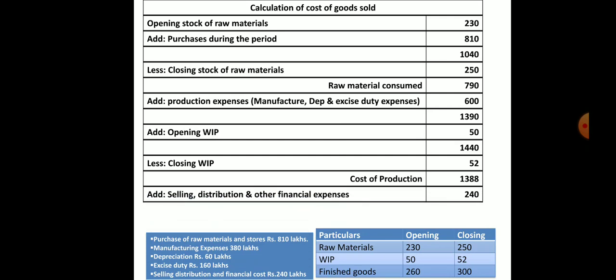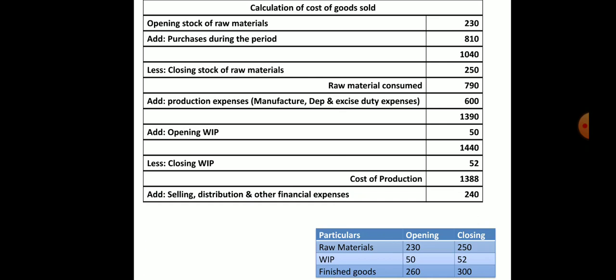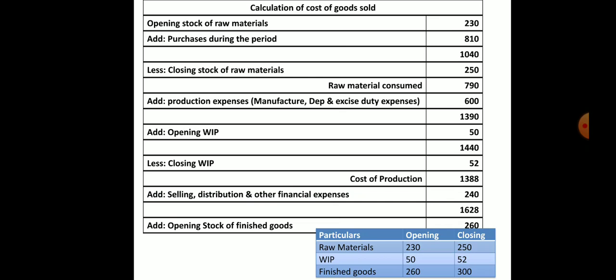Next, add selling and distribution and other financial expenses. They have given in the problem 240 lakhs, so I have taken that. If you add the cost of production, 1388, and the selling and distribution, 240, you will get 1628. Next we have the opening stock of finished goods.